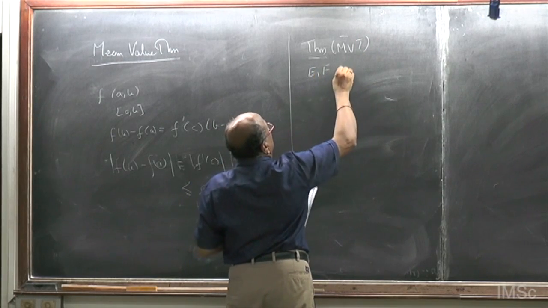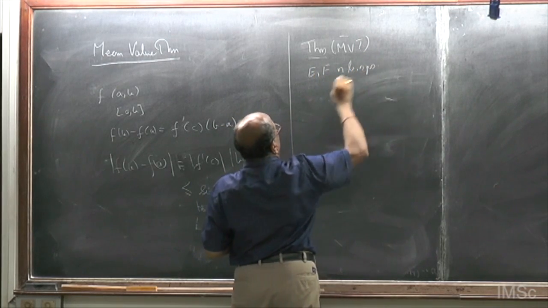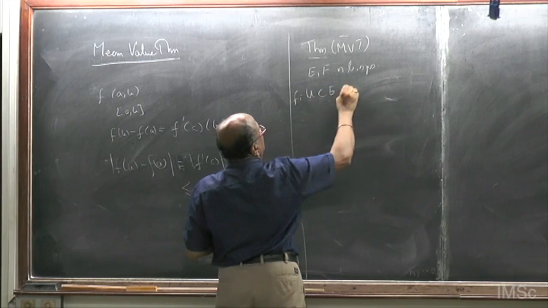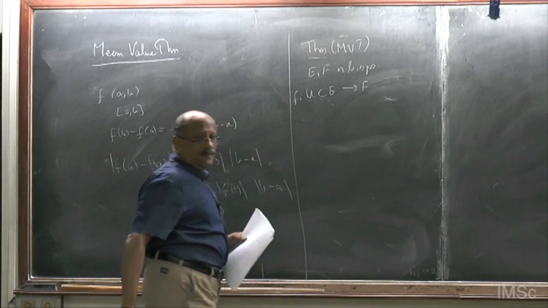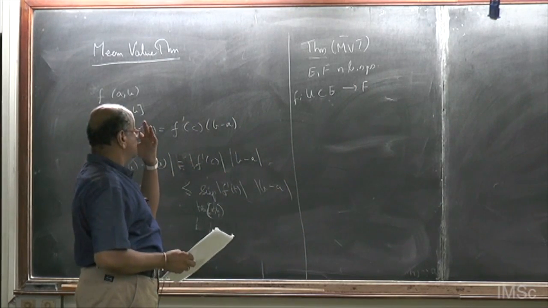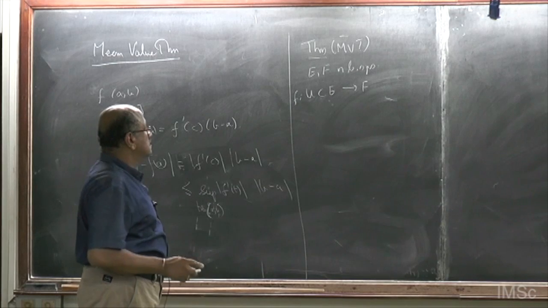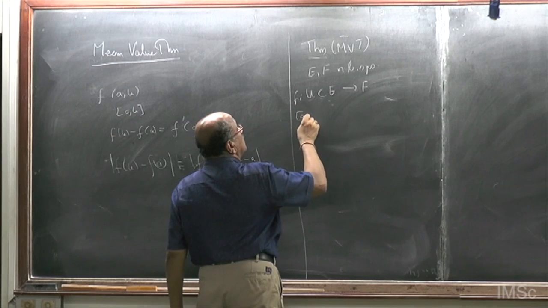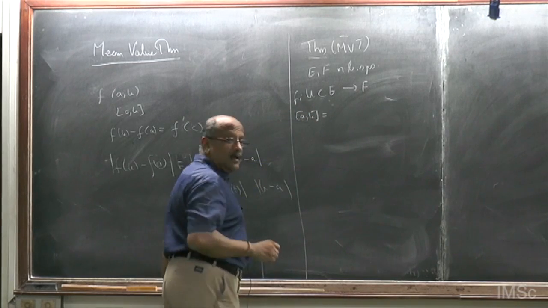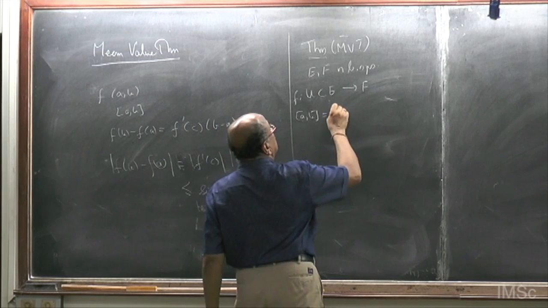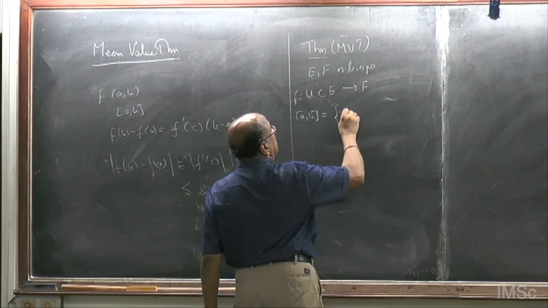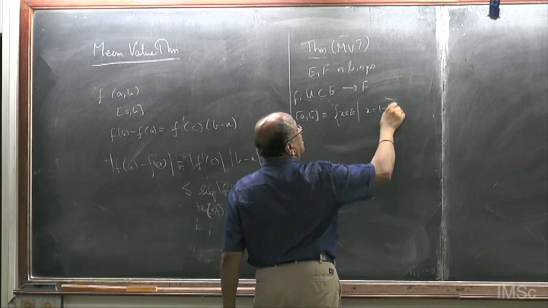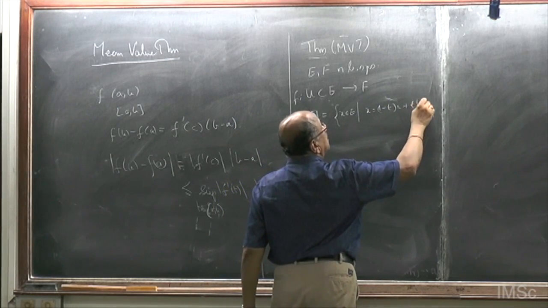Let E, F be normed linear spaces and U contained in E. You define [a, b], the interval, as the set of all x in E such that x equals (1 - t)a + tb.